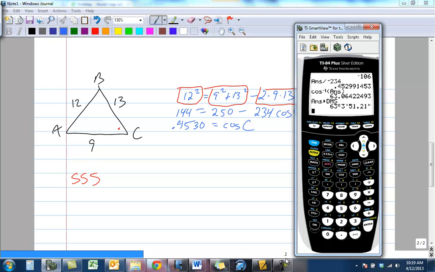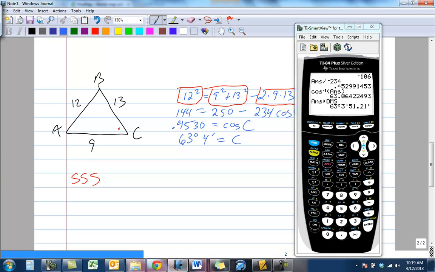And we got 63 degrees, 3 minutes, and 51 seconds. So is this going to round up or down? It's going to round up. So this is going to be 63 degrees, 4 minutes is equal to C. All right. Great. So we got C. One of the angles down, 2 more to go.